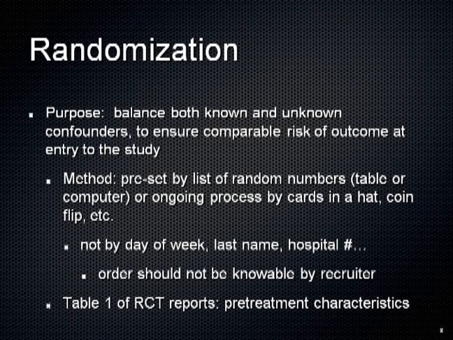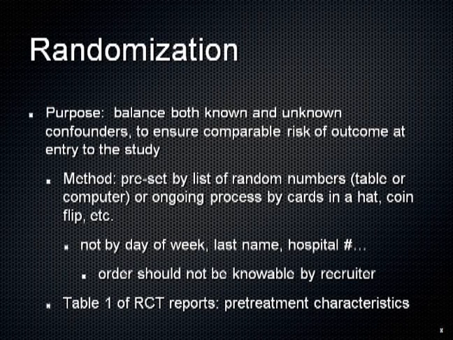It doesn't matter what your method is other than this. So you can use a preset list of random numbers by table or computer, ongoing process by cards in a hat. In a study that I did, patients were randomized on weekends, so we had a set of envelopes that were available. But it has to be random.